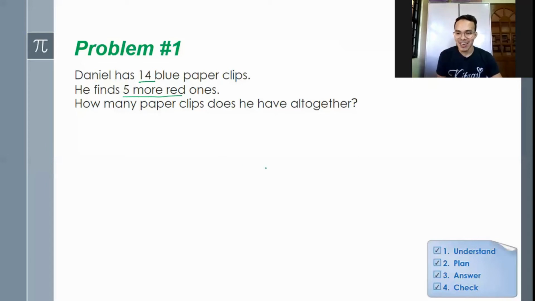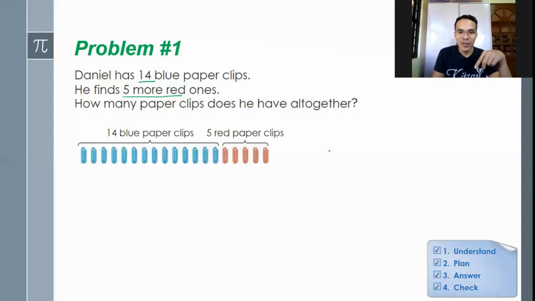Next, let's plan what to do. We can draw a model, right? And between part-whole model and comparison model, I think the appropriate model for this problem is the part-whole model. I'm sure of that because we are not comparing here.